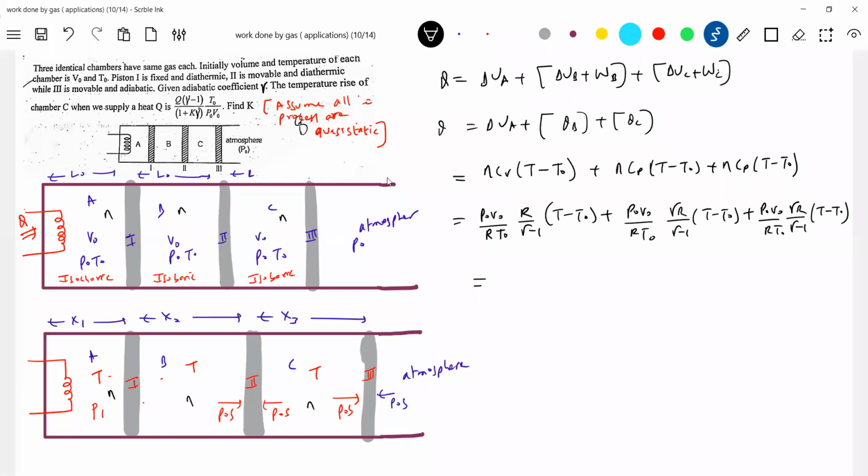P naught V naught, from here 2 will come. R will get eliminated. So P naught V naught by gamma minus 1, T minus T naught. This much I'll take outside. Let's see what we get afterwards. 1 plus 2 gamma.